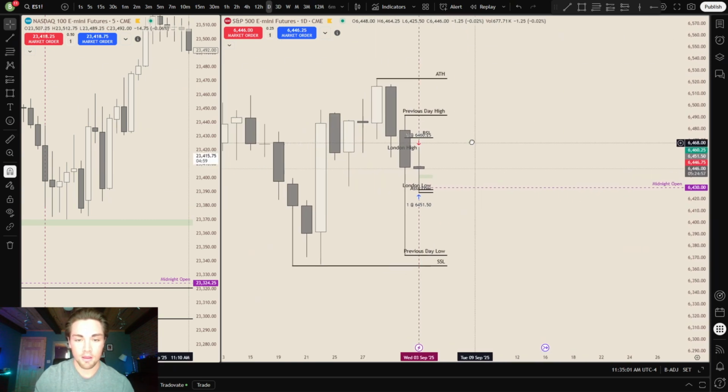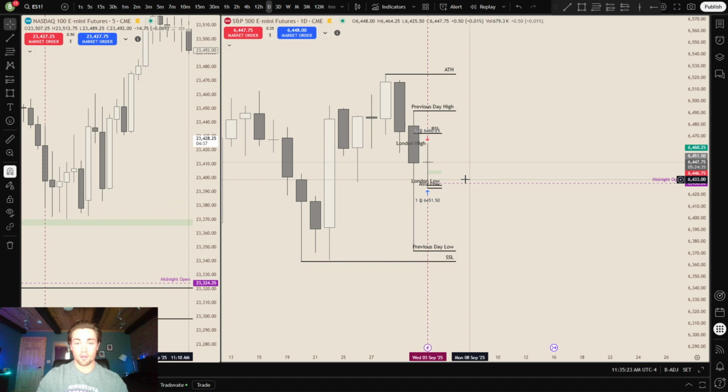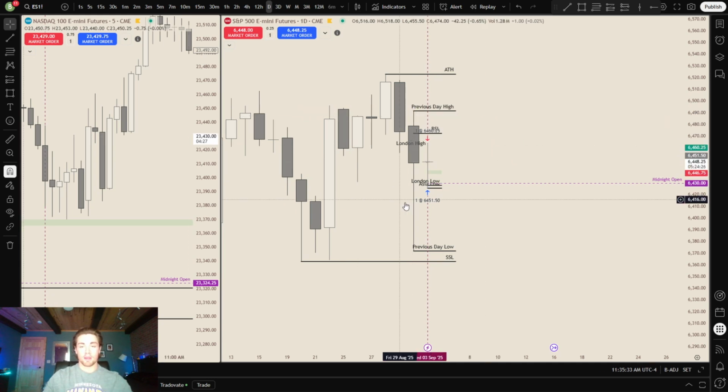Yesterday we pushed down to sweep these lows on NASDAQ, but we did not on ES, creating a bullish SMT. And then we closed the day by retracing all the way back up and holding this daily fair value gap on both NASDAQ and ES. We held it and did not inverse it. So that gave me a bullish bias, and I expected to target previous day high today, giving me a bullish bias based off this bullish reversal candle on the daily.